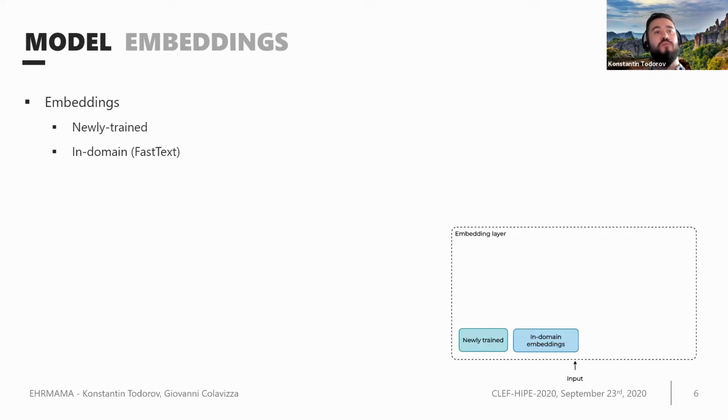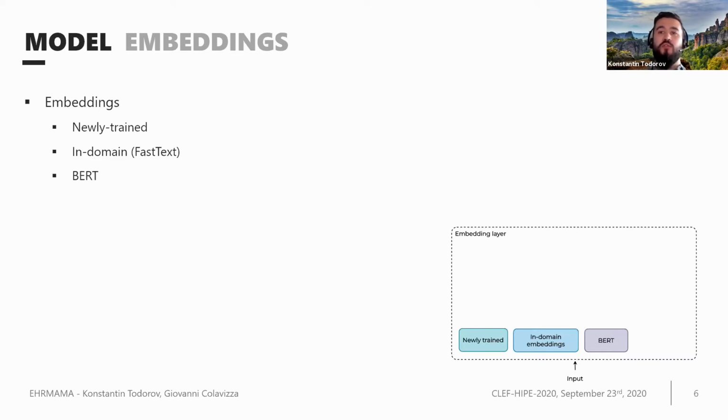We also use the in-domain fastText embeddings that are provided by the organizers. And finally, we also use a BERT model, which is different per language, and it can either be frozen and used just for feature extraction, or we also fine-tune it and compare this against the original model.